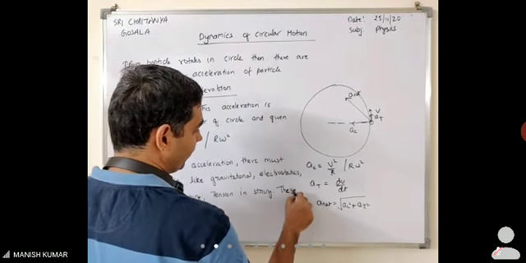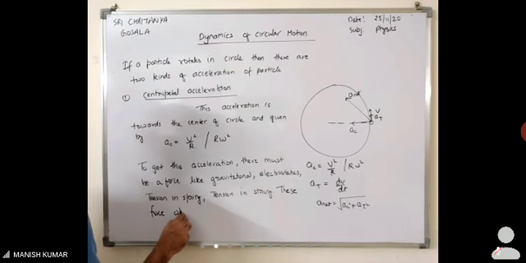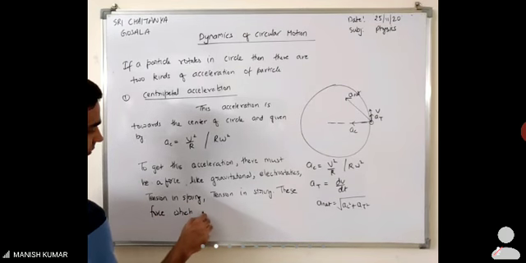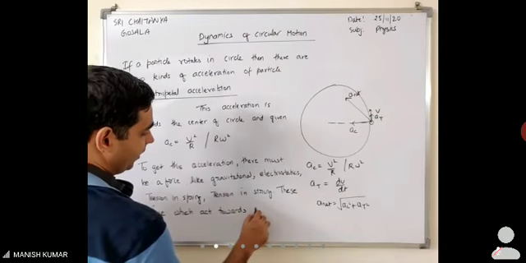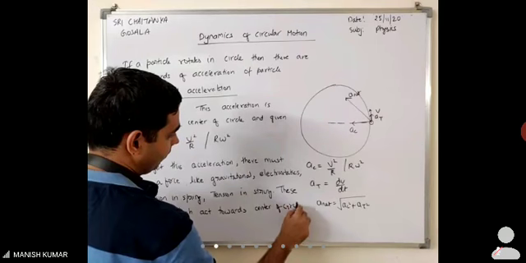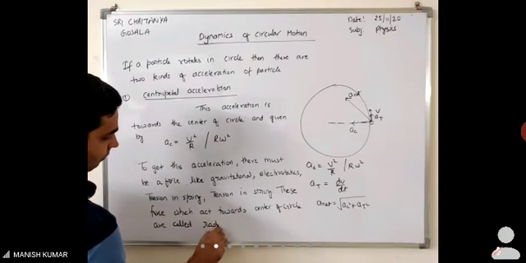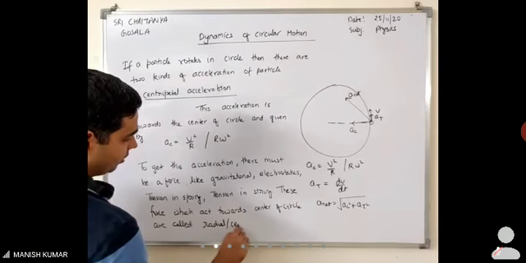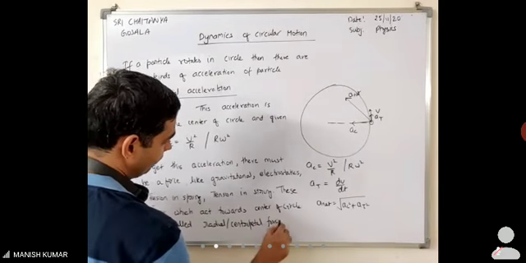These forces which act towards the center of the circle are called radial or centripetal force.